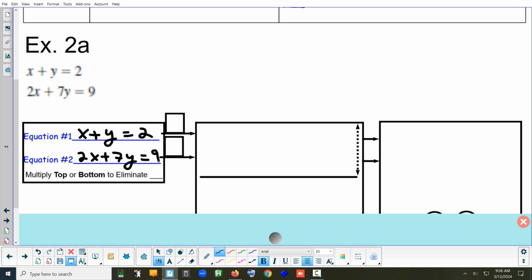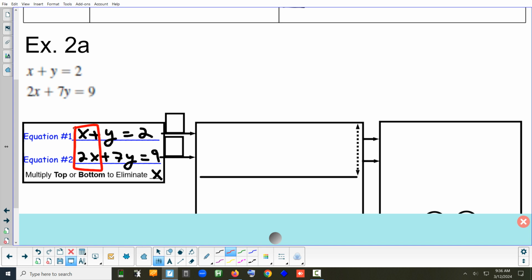All right, now, because they both have a single letter, you can pick either one. We said we're going to eliminate the x. So now, you're focusing on this. Don't worry about anything else. Just focus on what's in that red box. We want these to cancel out. What number is in front of the x in the bottom one? 2.